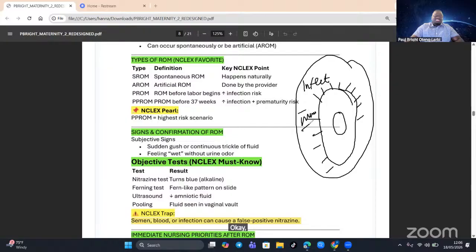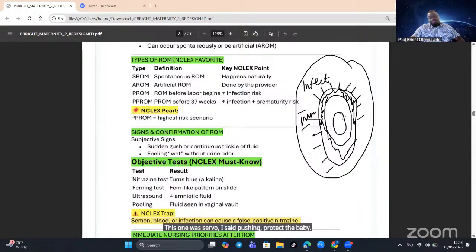Mechanical trauma, as in the fluid is inside this balloon, the fluid is here inside this space, and it serves as a cushion. So if somebody hits the woman's stomach, some accident, everything, this will serve as a cushion and protect the baby.